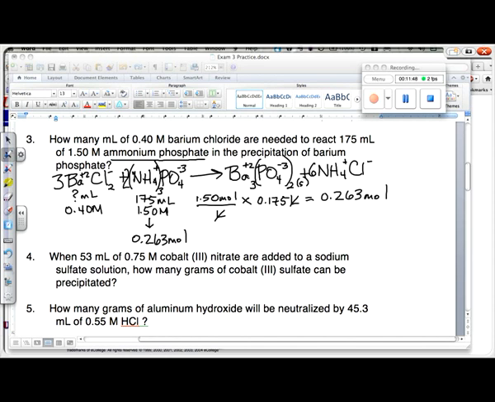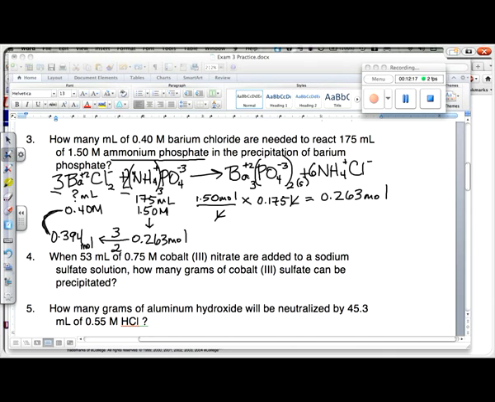All right, mole ratio. What I'm moving to has a 3 in front of it. What I'm coming from has a 2 in front of it. And I end up with 0.394 moles. Okay, so now you need to take these two pieces of information and get milliliters out of it.